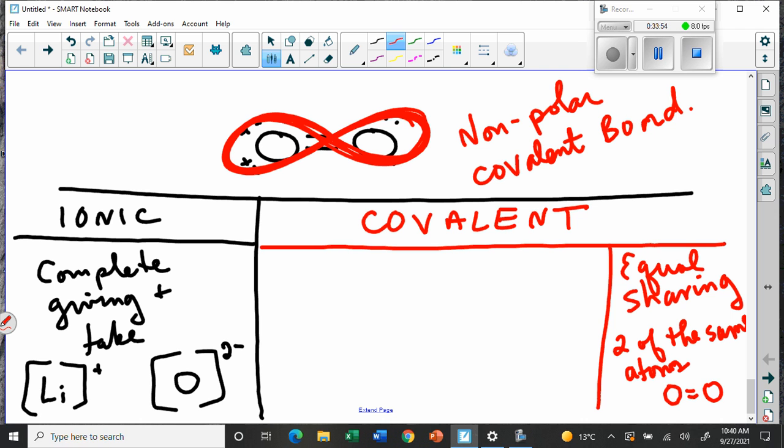No hogging because they're both the same. But then in the rest of it, we have this sort of spectrum that we call polar bonding, which is still covalent, but it goes on a scale.